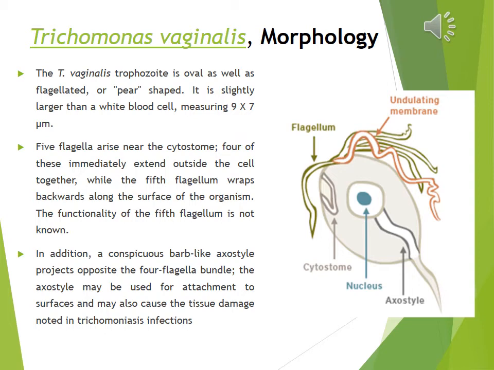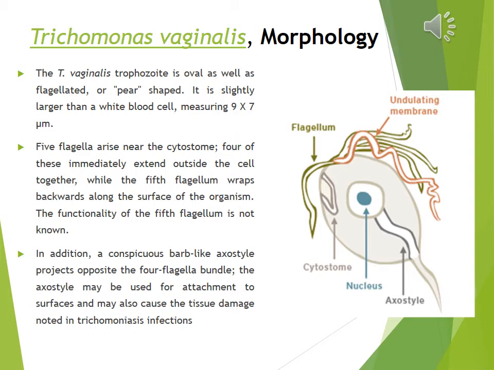Five flagella arise near the cytosome, that is the anterior end of the trichomonas. Out of these five, four immediately extend outside the cell together, while the fifth flagellum wraps backwards along the surface of the organism.